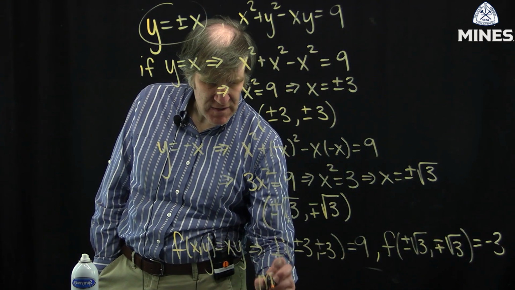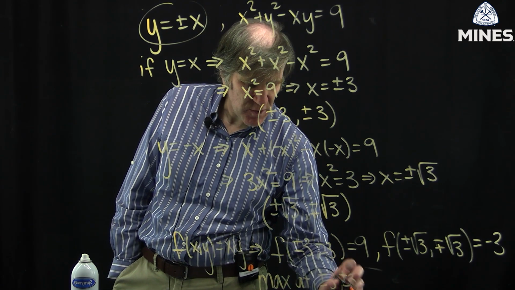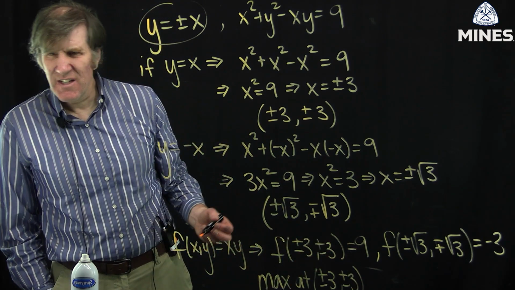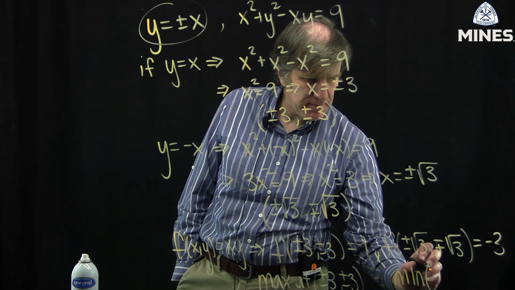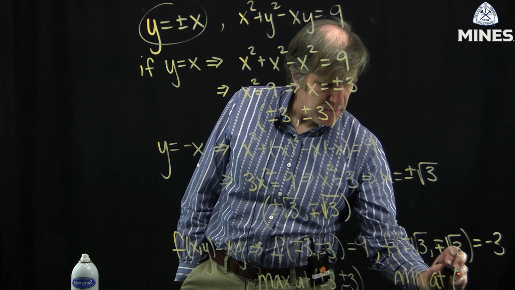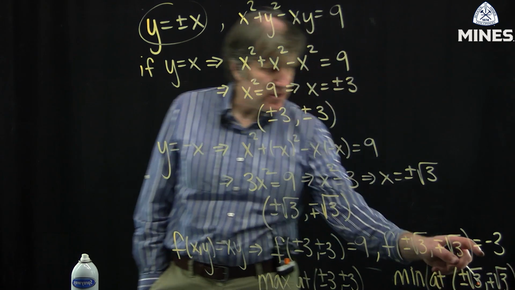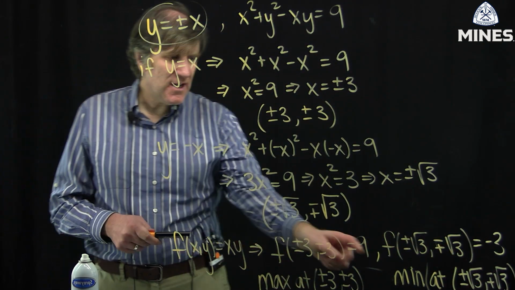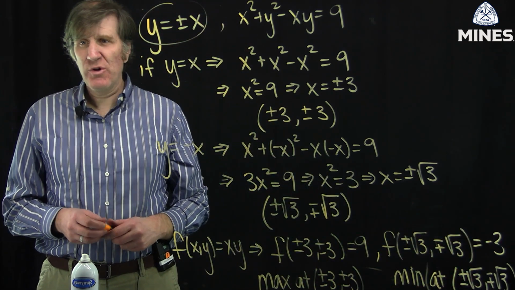So we have a max at plus or minus 3 comma plus or minus 3 because we're at height 9 on the surface at that point, and we have a min at plus or minus square root of 3 comma minus plus square root of 3, because on the surface we're at negative 3 at that point. So the max is 9 at this point, the min is negative 3 at this point, and that's how we do a Lagrange multipliers problem.